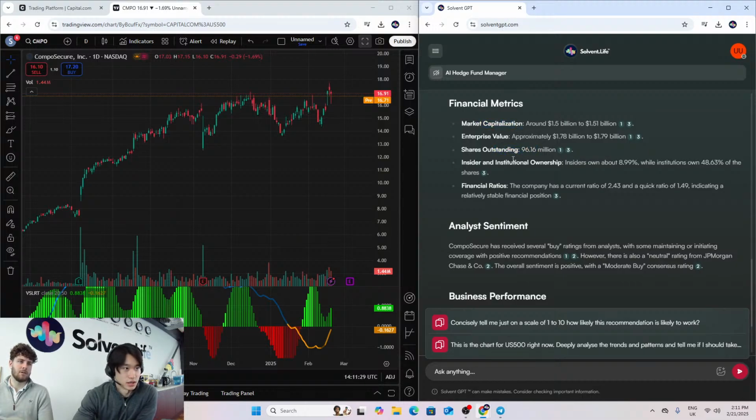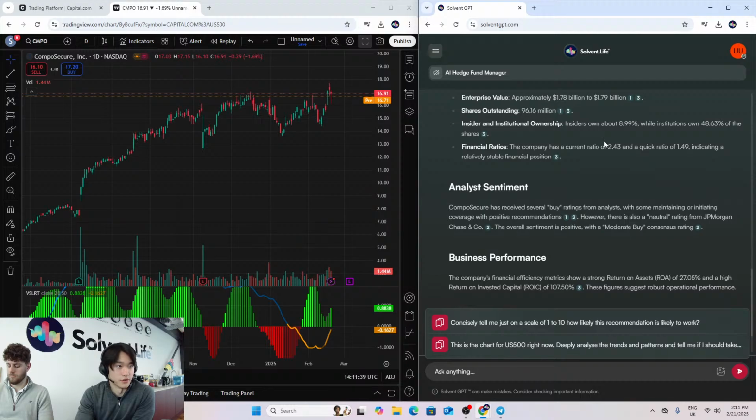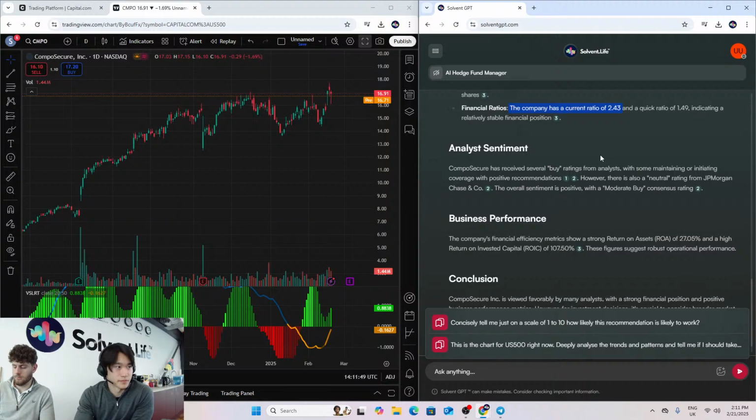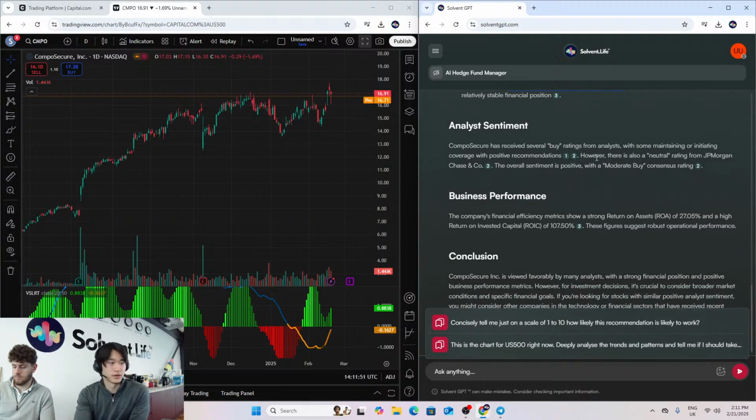Shares outstanding 96 million. Insider and institutional ownership. Okay, so the insiders own about 9%, while institutions own just under half of the company. The company has a current ratio of 2.43 and a quick ratio of 1.49. So their financials are stable.